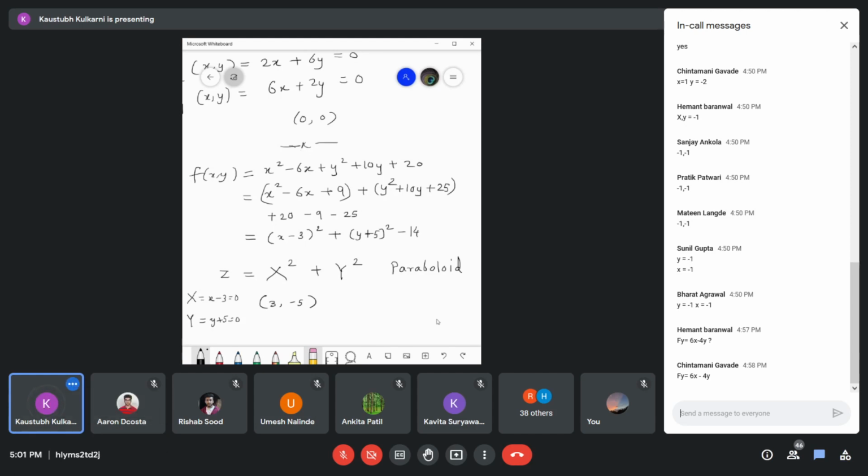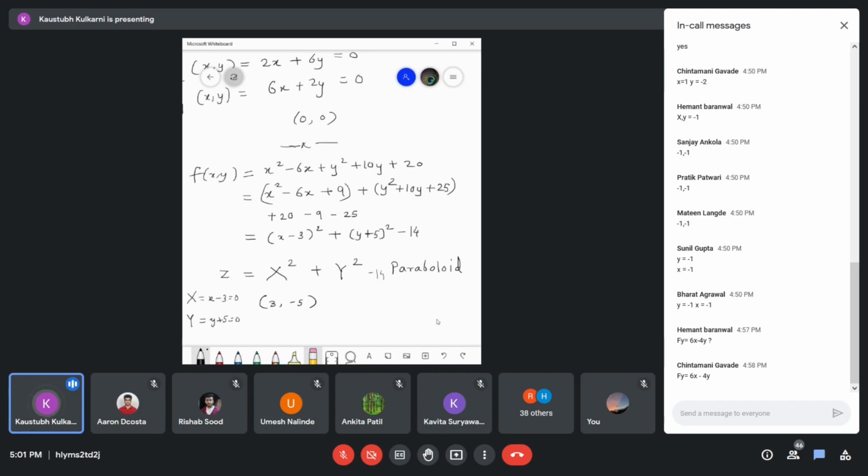Okay, so now adding this term does not make any difference as such. If you say minus 14, at the point where capital X equals 0 and capital Y equals 0, this z will be at its minimum, that is minus 14.